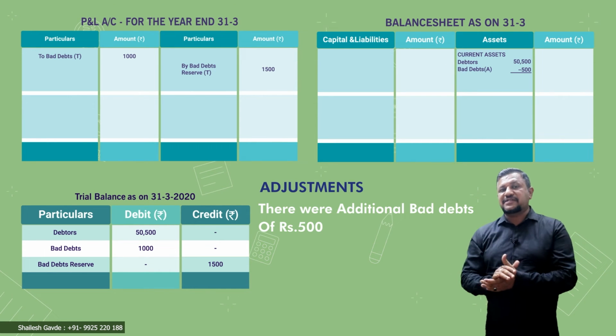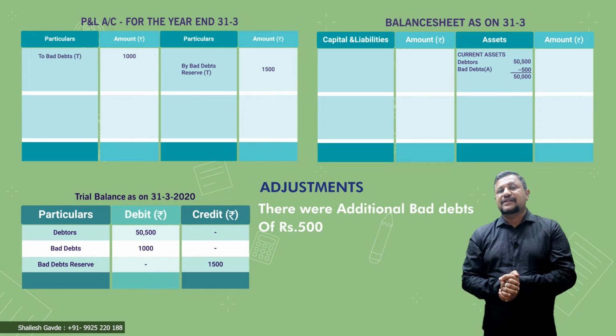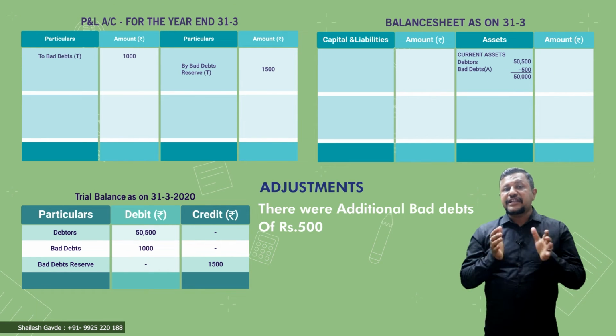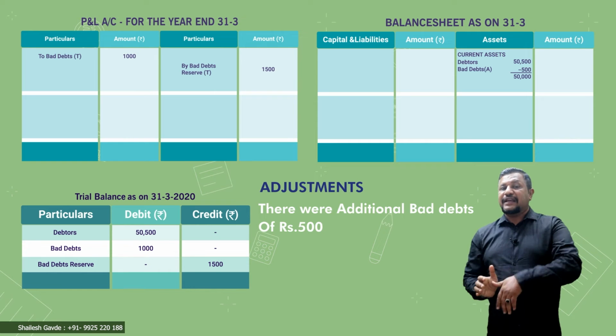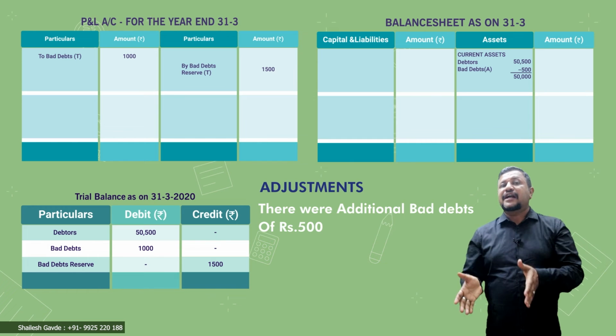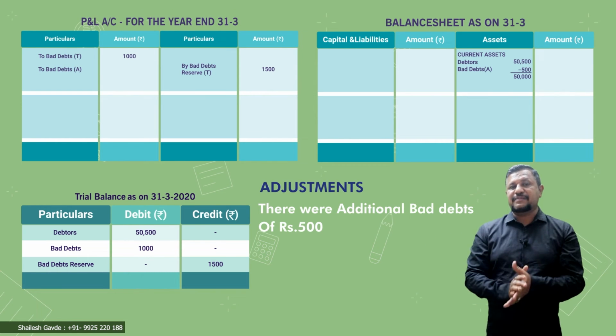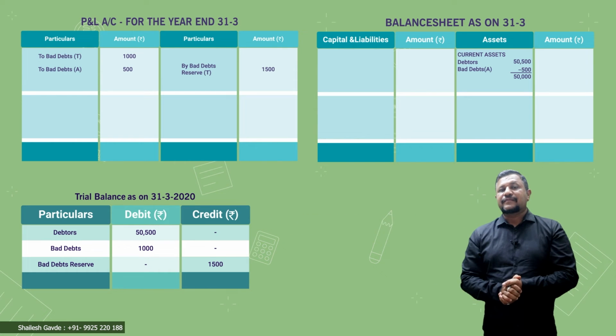Debtors are 50,500 minus bad debts adjustment 500. Inner column will record 50,000. The second effect of new bad debts will give in profit and loss account, debit side, as it is our additional loss, to bad debts adjustment 500.